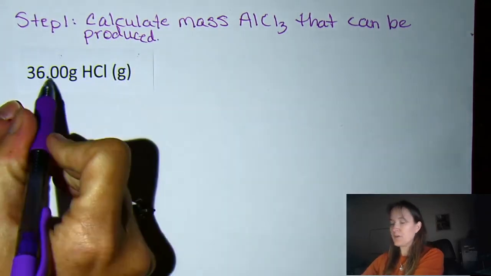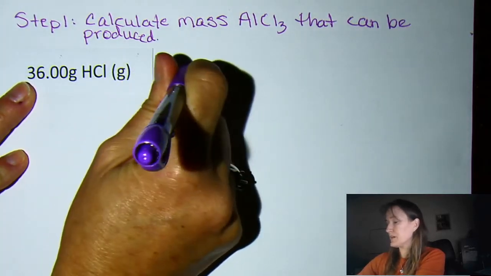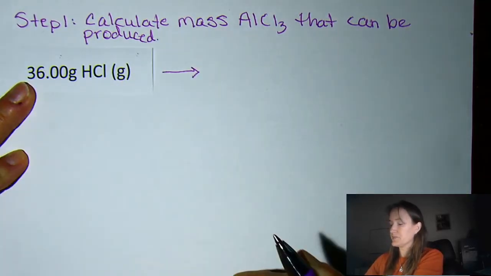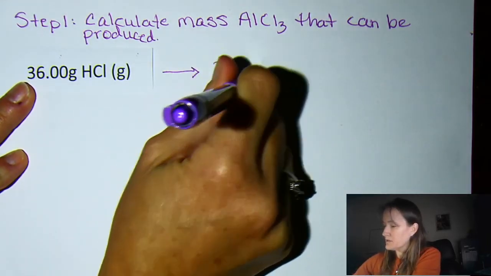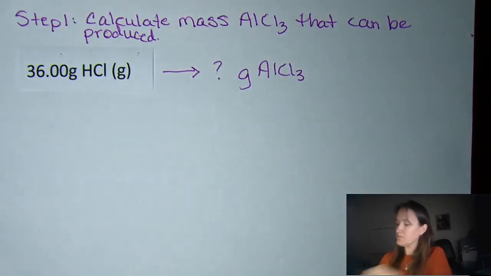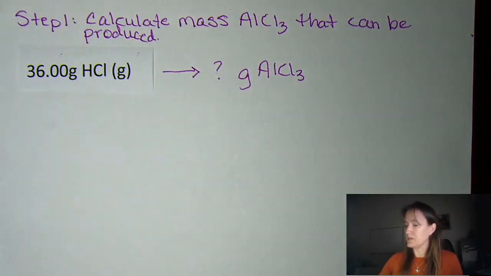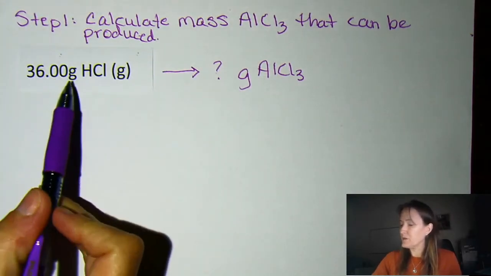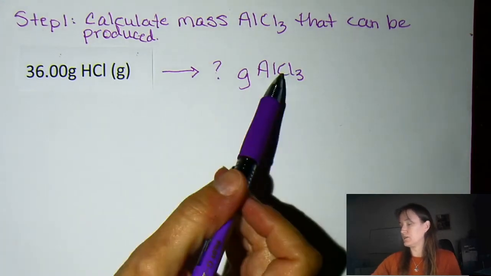So we start with our measurement. Here's our measurement. We want to figure out, if we have 36 grams of HCl, how many grams of aluminum chloride are produced. In order to do this calculation, we have to figure out the comparison between hydrogen chloride and aluminum chloride.